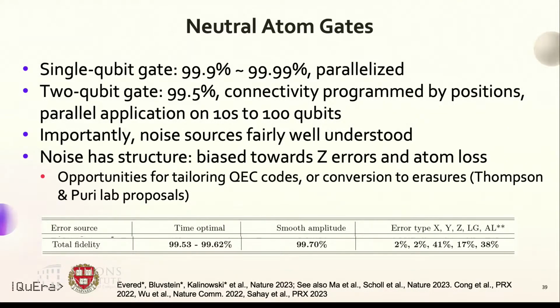In our work, this is an error breakdown from our simulations in this high fidelity gates paper. I think there are also some very nice tables in other work, for example from Jeff's and Manuel Andres's lab, where you can really break down the detailed channel. And these will continue to improve as we push to better error rates and better understand these error models.